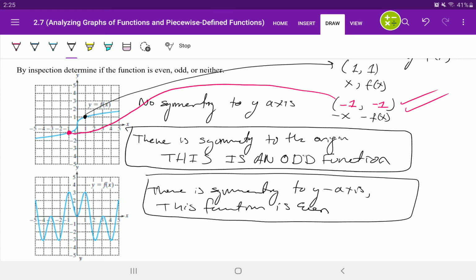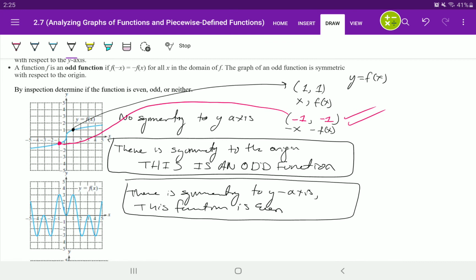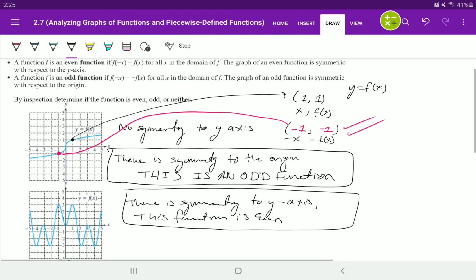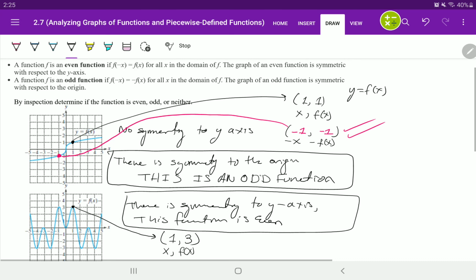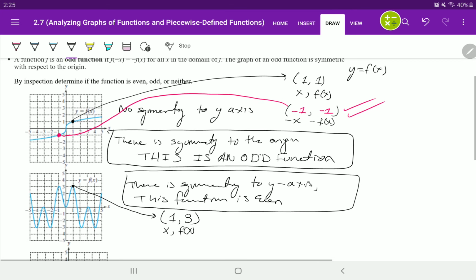Now I'm going to use the same tactic that I did up here. Remember, if it's an even function, f of negative x equals f of x. So let's take the coordinate right here. That's going to be the coordinate 1, 3. So this is x, this is f of x. It says if the function is even, if I change the sign of x, the y will remain the same sign.